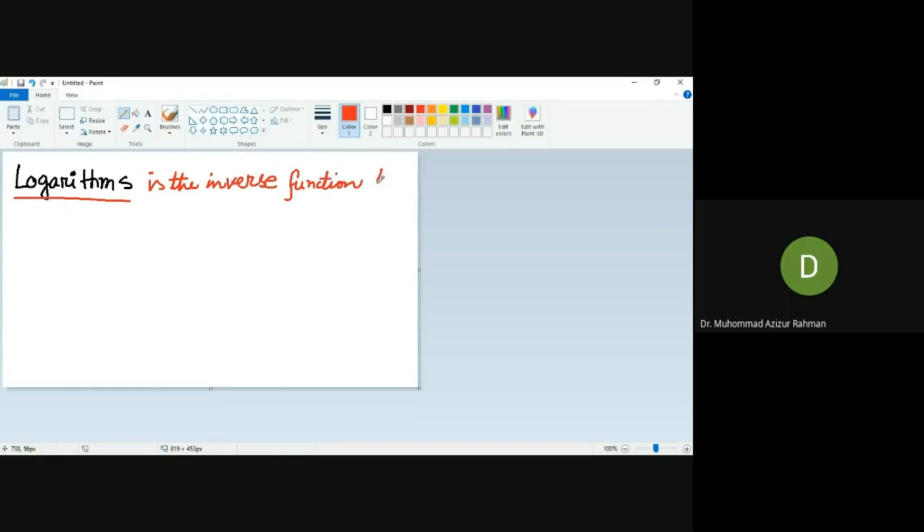So it is actually the inverse of exponents.